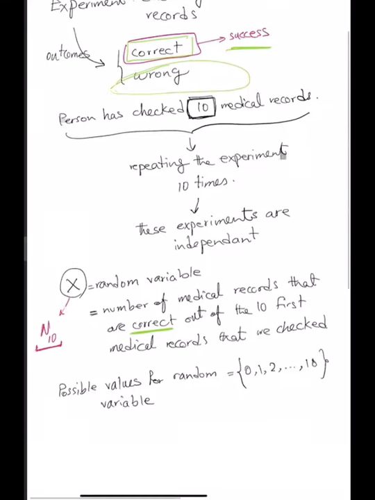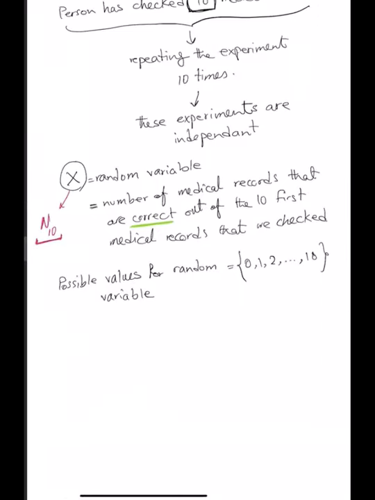Okay. So then what type of distribution does this random variable have? These are the possible values that this random variable can get. Do I know exactly the probability of each one of them?